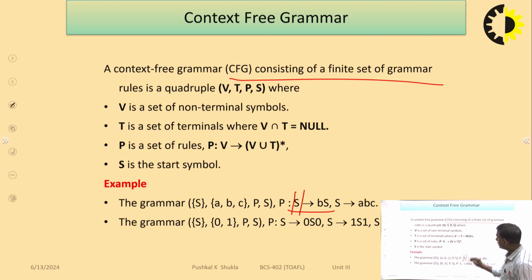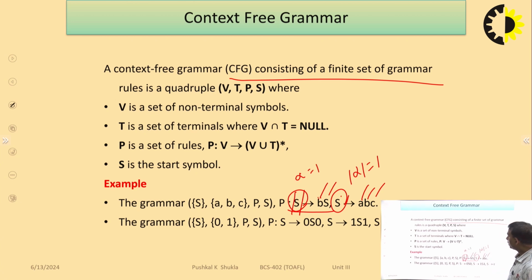The length of the left side is 1, and the right side is composed of terminals and non-terminals. The condition required for context free grammar is satisfied.